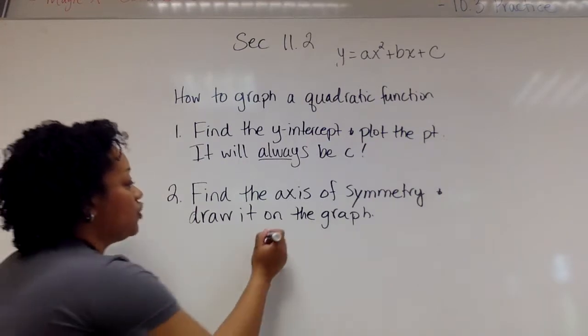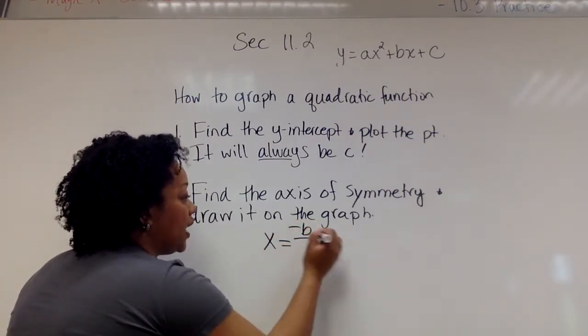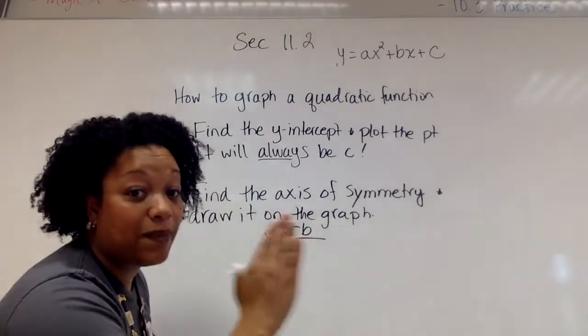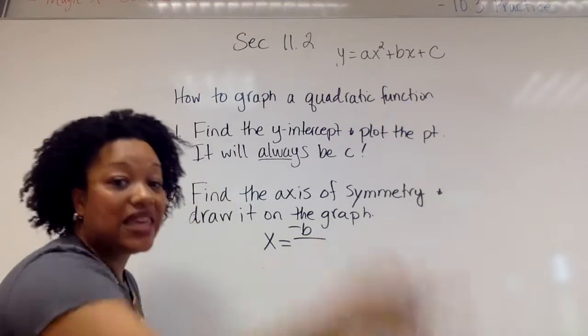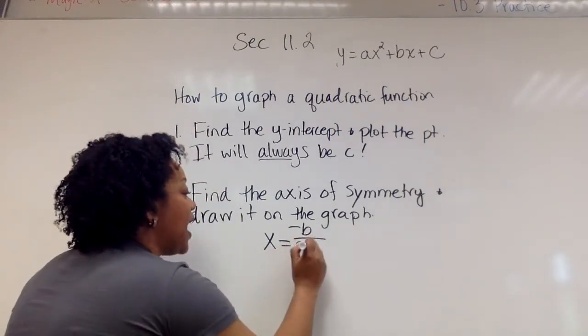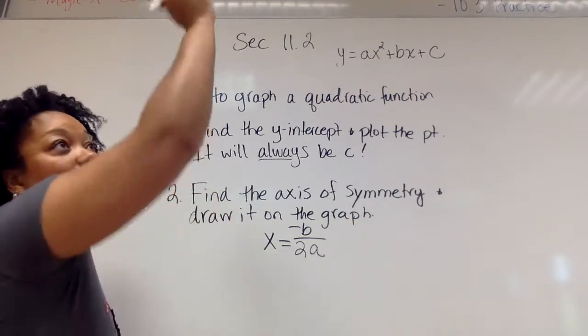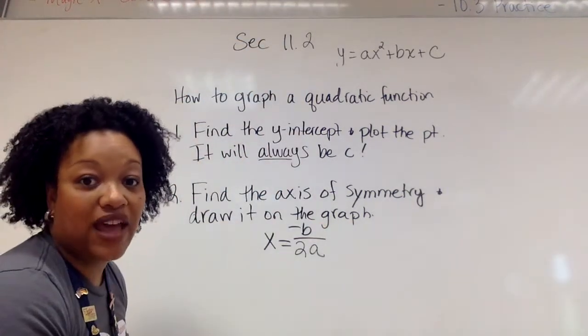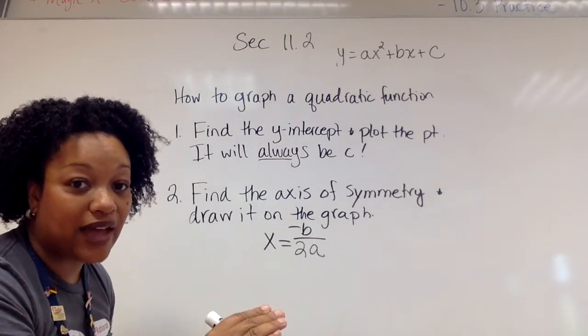Your axis of symmetry will be x equal to the opposite of b, so whatever your middle term is, just the b. We're just talking about the numbers here. Take the opposite of that and then divide it by 2 times a. So whatever that number is, that's your dashed line, and you draw in that dashed line. We're taking this one step at a time.